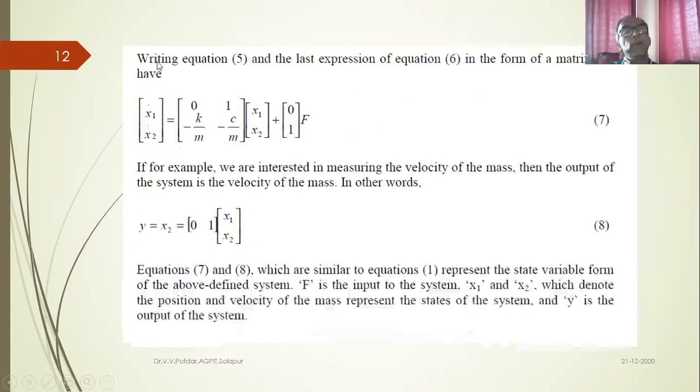And then in matrix form, the last expression in the form of a matrix, we have x1 dot x2 dot is equal to, so how do we get these? So a row into this column, so 0 into x1 plus x2, so this will be the x2 part, and then minus k by m into x1 minus c by m into x2, right?